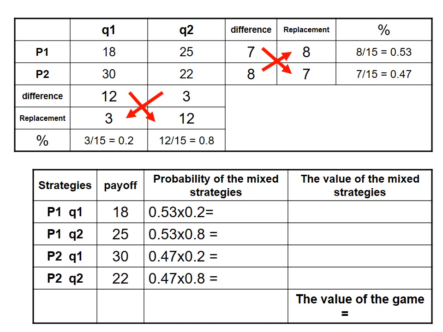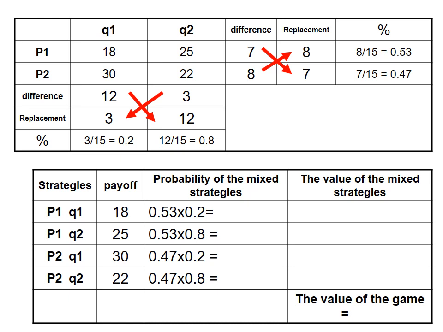For the columns, we first take the difference between 18 and 30, which equals 12, and between 25 and 22, which is 3. We make the replacement: the 3 in the second column will be in the first column, and the 12 in the first column will be in the second column.